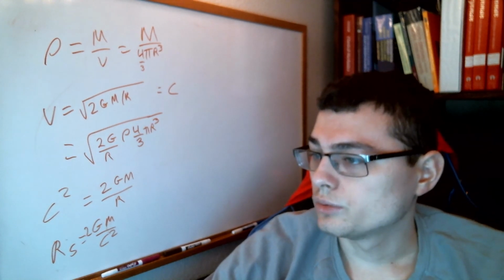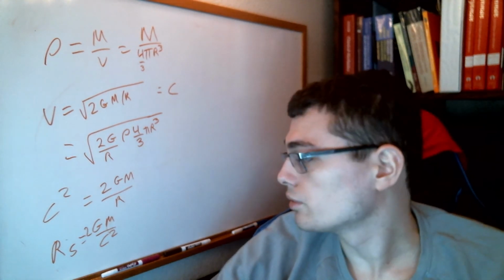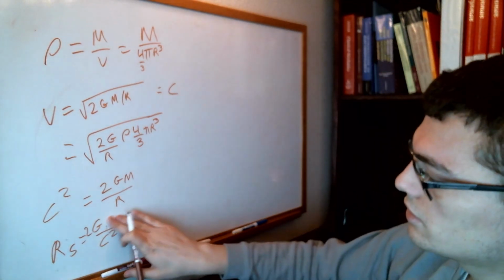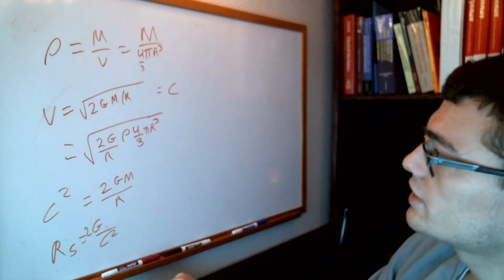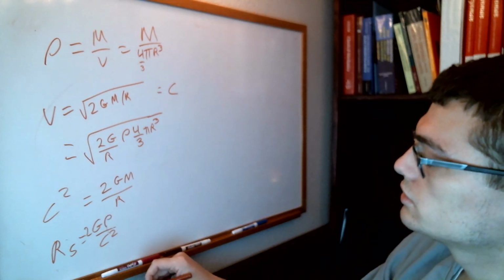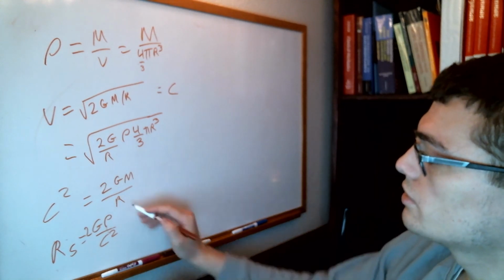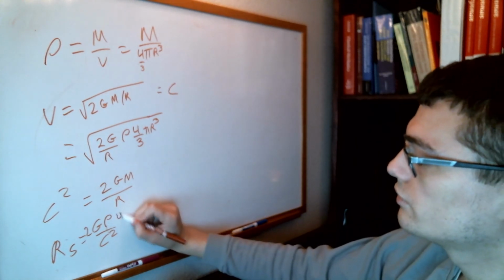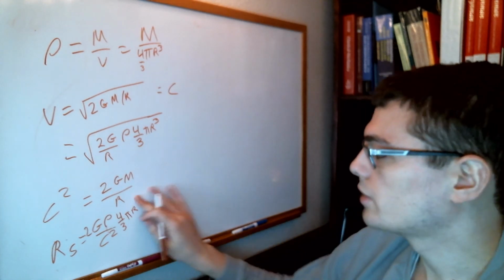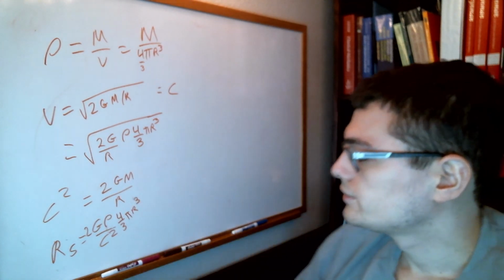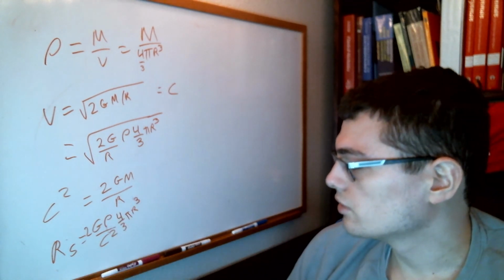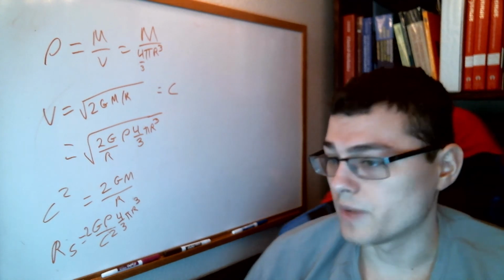You can then plug in what M is at this point: M is equal to rho times 4/3 pi r cubed. And now it's no longer a function of mass.